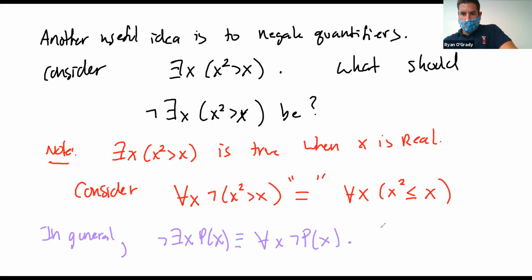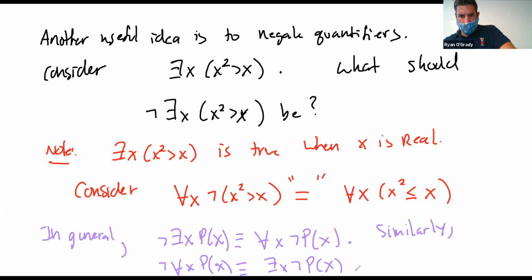And then similarly, if you take the negation of for all x p of x, it is logically equivalent to there exists x such that the negation of p. Now you could verify this with truth tables if you wanted, or you can think of it just, that's up to you how you want to do it. I would encourage you to try to verify this, whether you use an example from English words, or an example from mathematics like we did here.